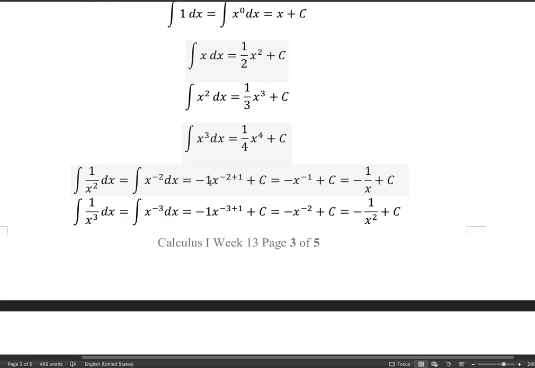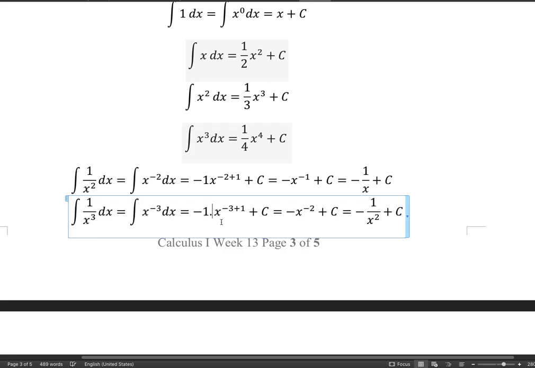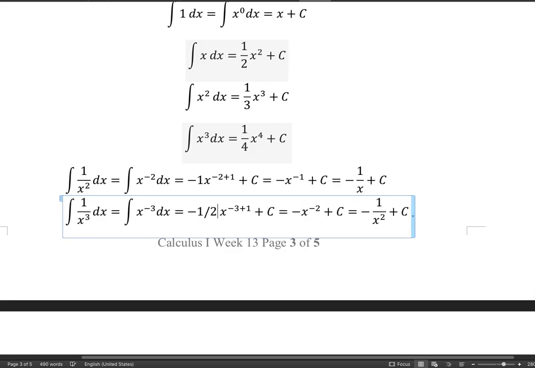And then antiderivative of 1 over x cubed, it would be x to the negative 3. And then increase negative 3 by 1, and the reciprocal of negative 3 plus 1, that's negative 2. I just figured out I needed to fix this part. This should be considered as negative 1 over 2.